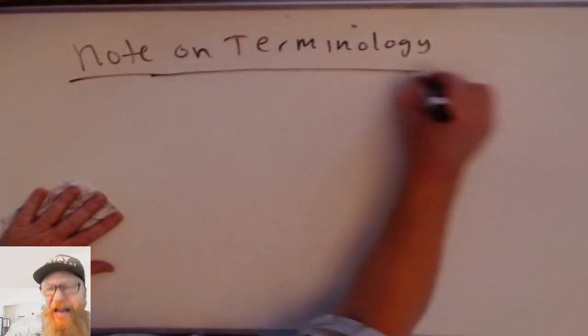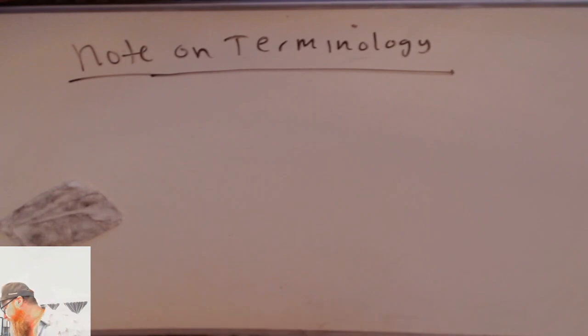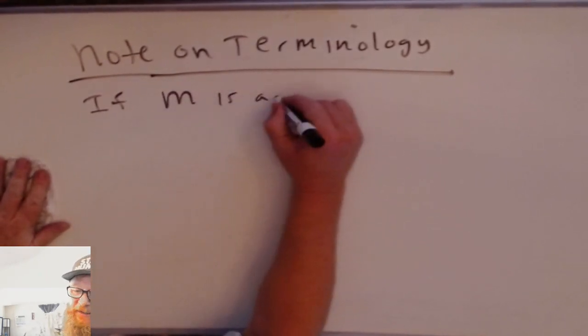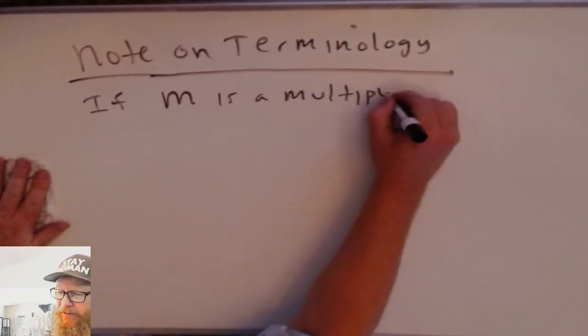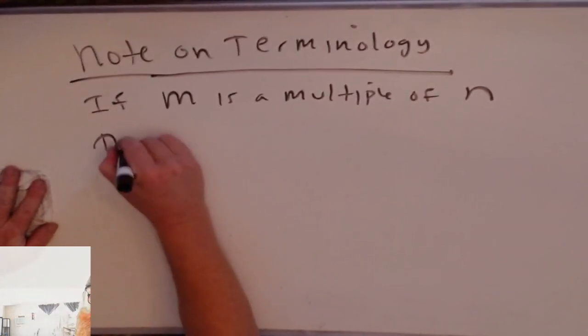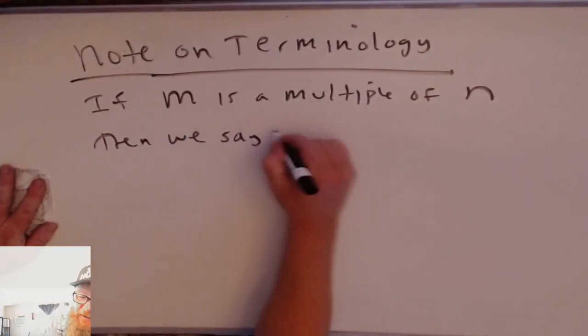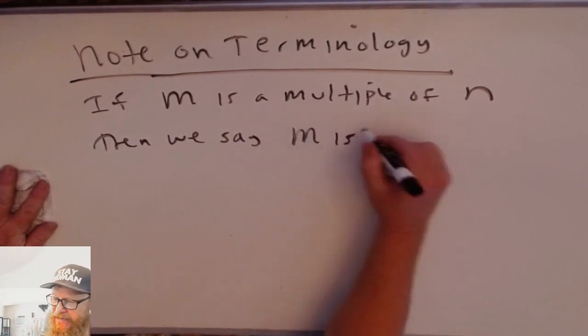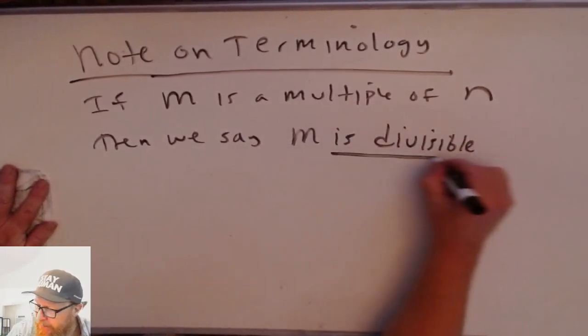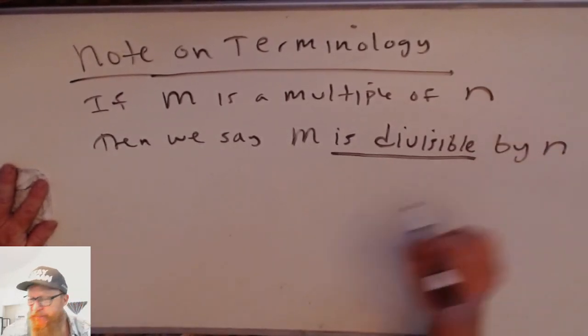You know what a big fan I am of vocabulary and you saying the numbers right. If m is a multiple of n, then we say m is divisible by n.